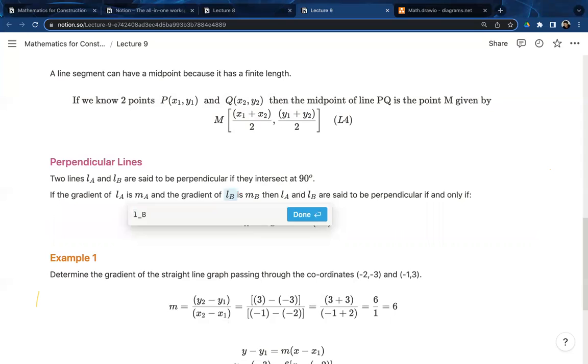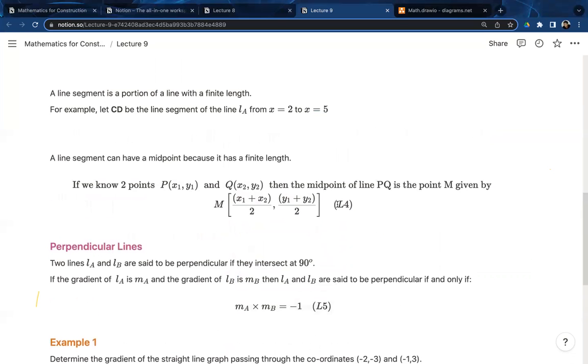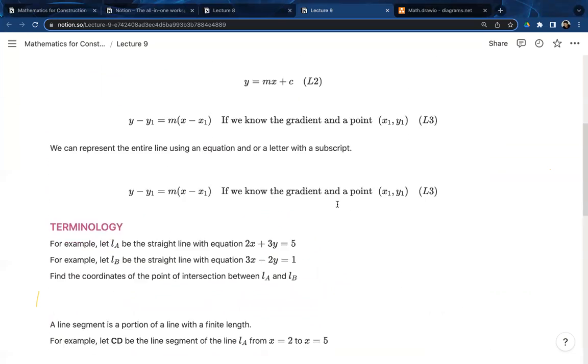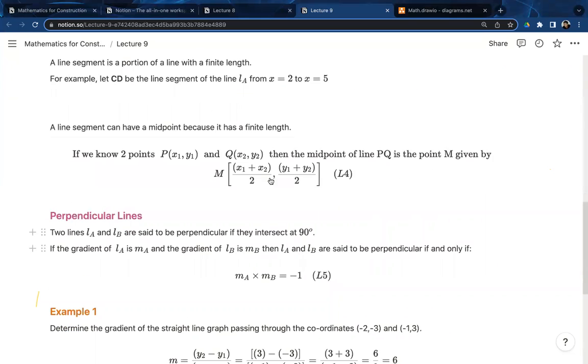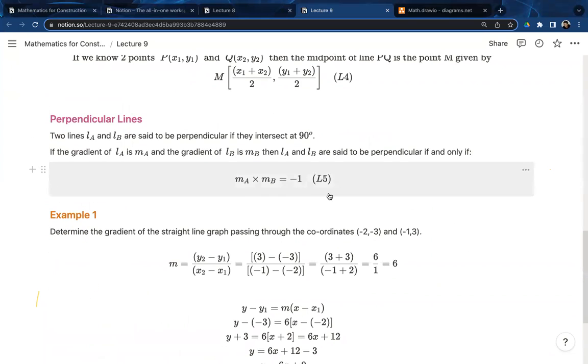So if the gradient of LA is MA and the gradient of line LB is MB, then the lines LA and LB are perpendicular if and only if MA times MB is -1. So we went through some things here. We have the formula for gradient, two equations of a line, midpoint, perpendicular lines.